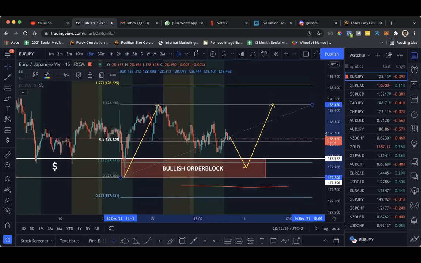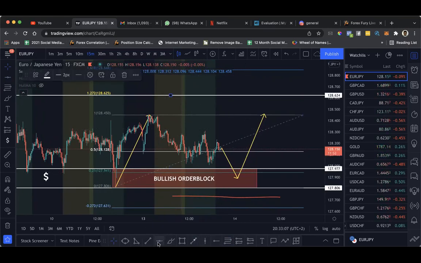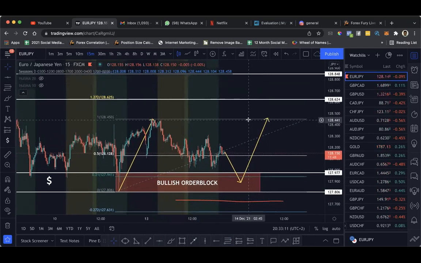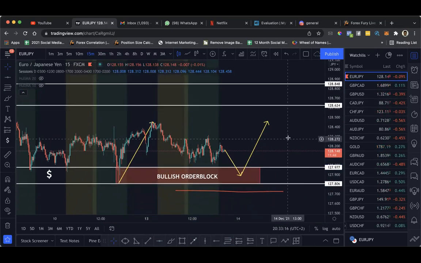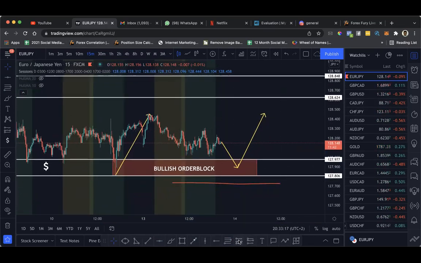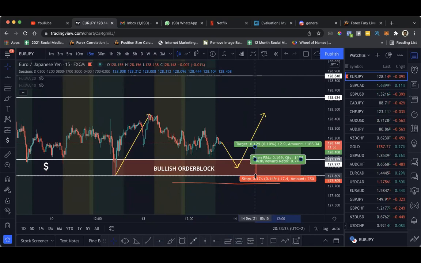An ideal place would be either here, your 1.272 zone, for your TP1, or 1.618 for TP2. So if you enter the trade here, for example, let's take a buy. Let's say you enter here, 17 pips stop loss.